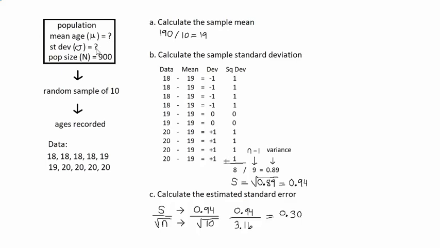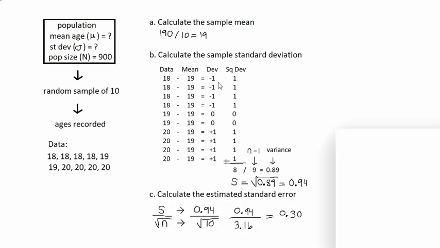So the person decides to calculate the estimated standard error of the sample mean. And the first step toward that is getting the sample standard deviation, which is S. So the person calculates the sample standard deviation using the same steps that we followed earlier in our class. The person subtracts each data value by the mean of the data, which in this case is 19.